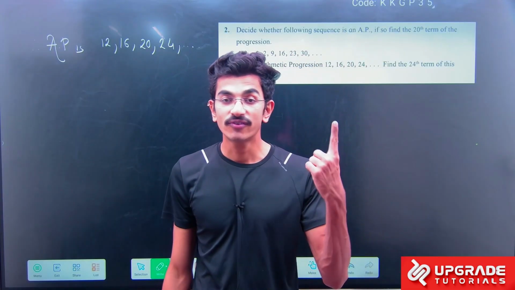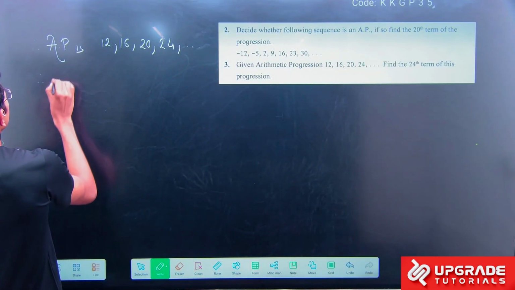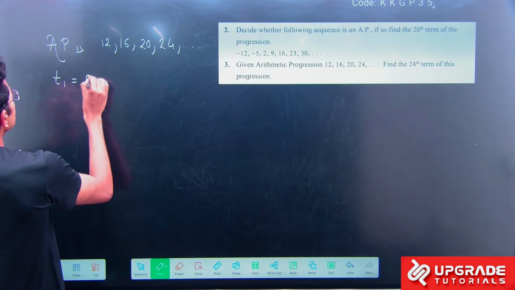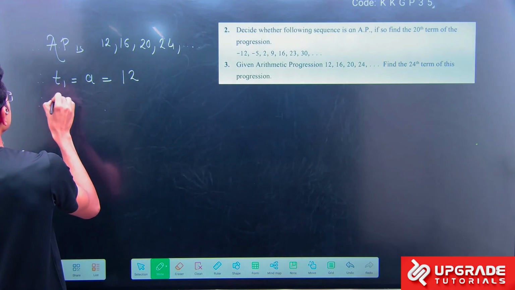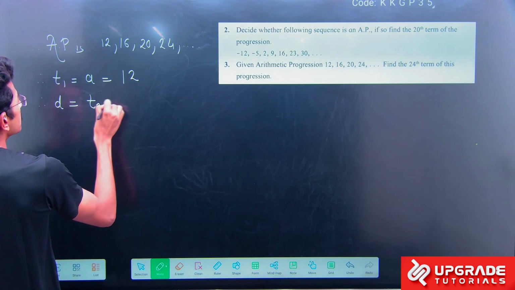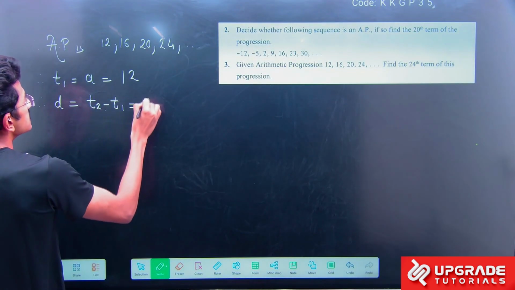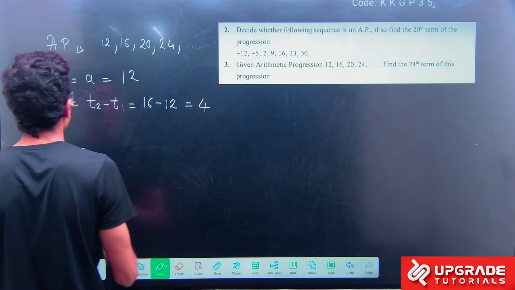As usual, you have to find the first term and common difference. Therefore, T1 is nothing but the first term, that is A, which is nothing but 12. Similarly, the value of D is T2 minus T1, which is 16 minus 12, which is nothing but 4.